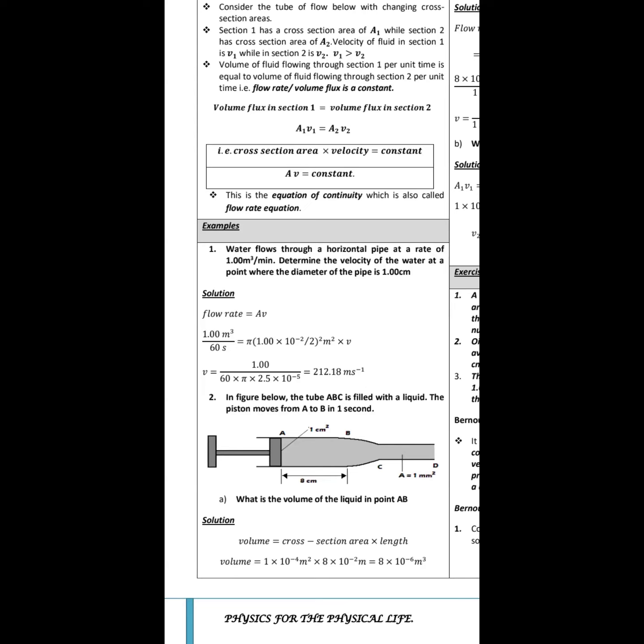Now, you have the calculators. We used 3 instead of 1. Now in the first part we have 8 multiplied by 10 raised to power -6 over 3, which is equivalent to AV, equal to 1 multiplied by 10 raised to negative 4 multiplied by V. Can we now cross multiply and give the value of V?